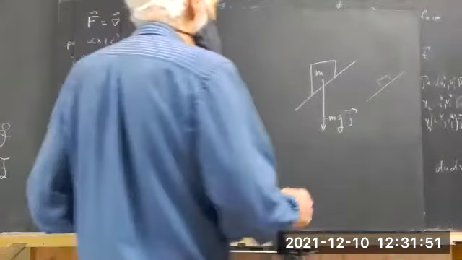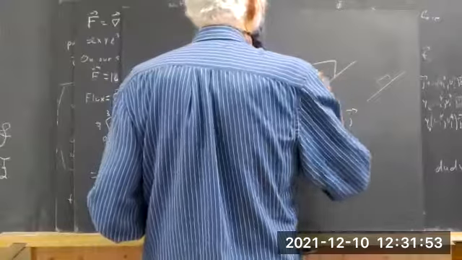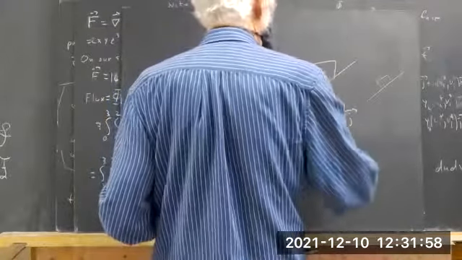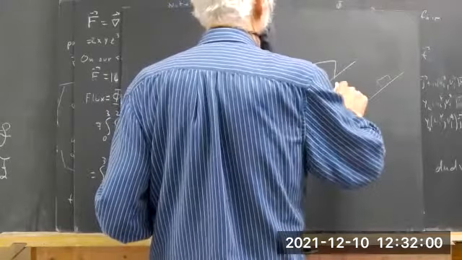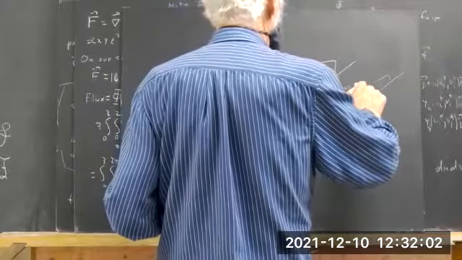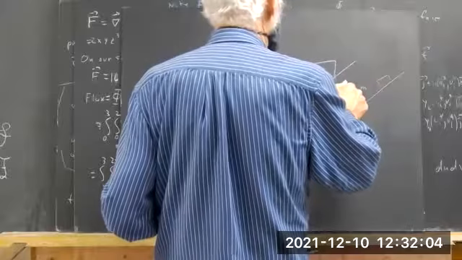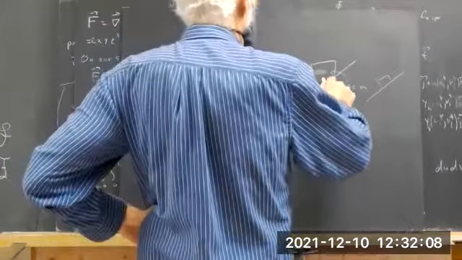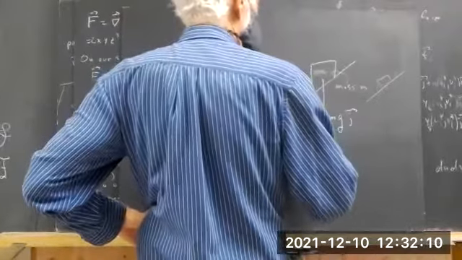Well, I could ask you, but I think you'd be able to answer. Actually, I put my M in an awkward place. There's a mass M. What forces do you have?